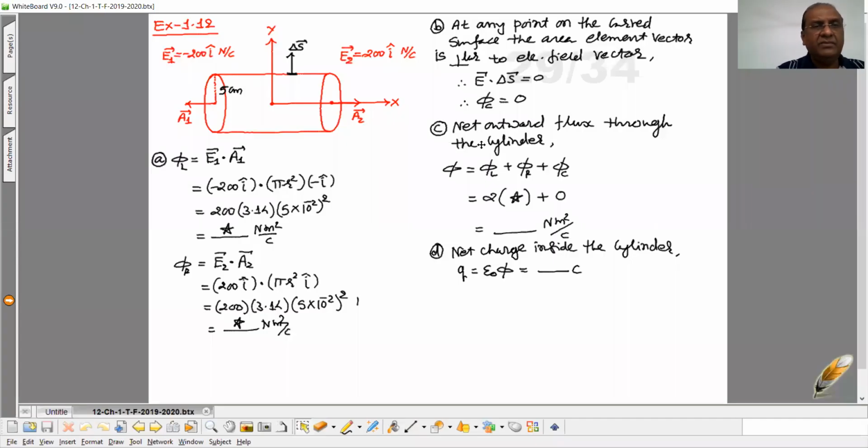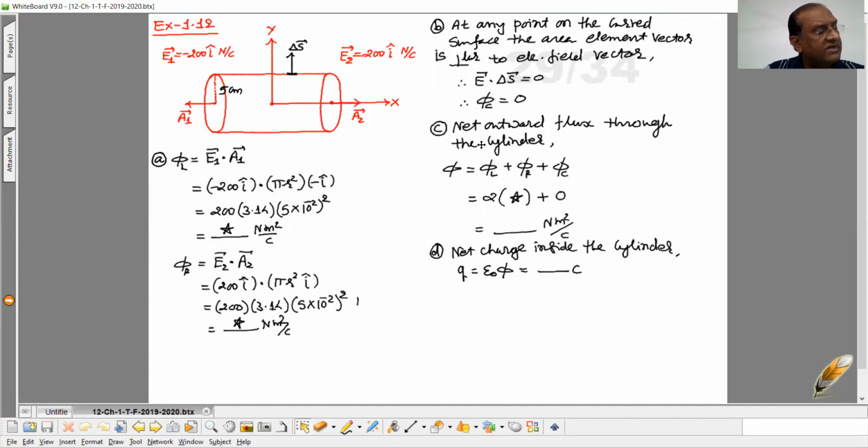Next, example number 1.12. An electric field is uniform and in the positive x direction for positive x, and uniform with the same magnitude but in the negative x direction for negative x. It is given that E equal to 200 i caret Newton per Coulomb for x greater than 0 and E equal to minus 200 i caret Newton per Coulomb for x less than 0.